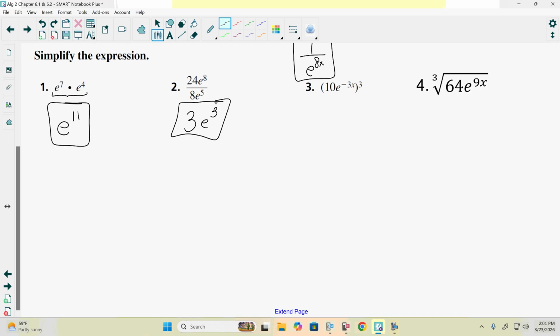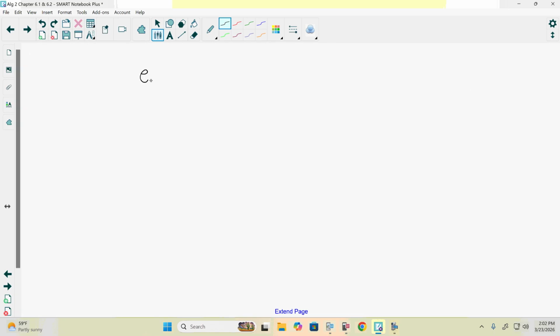So if they had been flipped. Does that make sense? Wait, is that why we didn't do it on the first one on e? For the top one? Because e to the 5th divided by e to the 8th, 8 minus 5 is still 3, yes? But since it's bigger on bottom, it's going to stay on bottom.